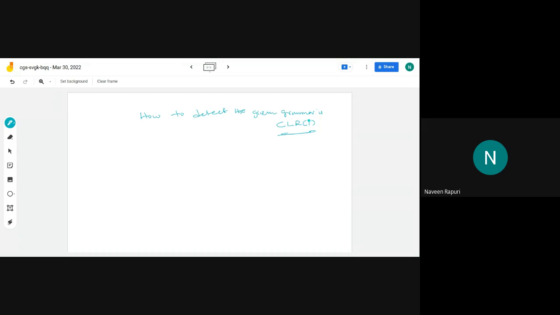For LR0 items, if it is having a shift reduce conflict or reduce conflict, we said that it is not LR0. In SLR1, suppose it is having a shift reduce conflict, and along with that the shift item is in the follow of the reduced non-terminal, then that is not the SLR1 grammar.